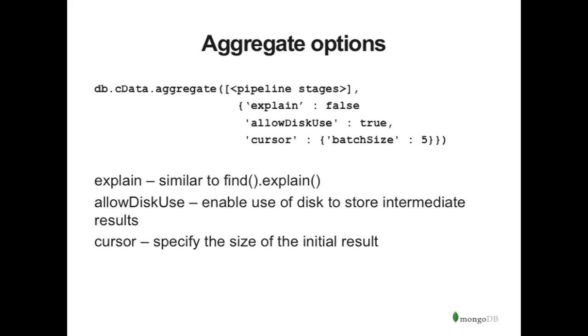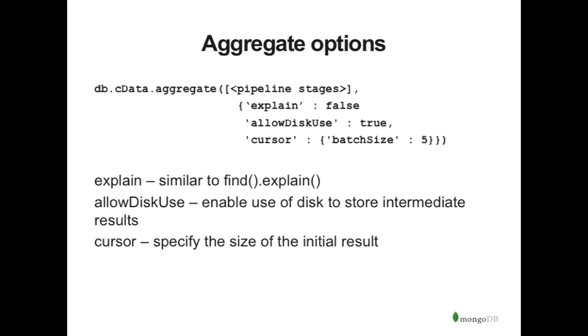Essentially, it enables you to understand the performance profile of this particular aggregation query: what indexes are going to be leveraged, how many documents are going to be read from disk, all those types of things. So it really helps you understand the cost, in terms of computer resources, to execute this particular query.